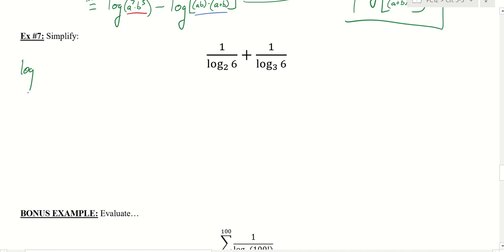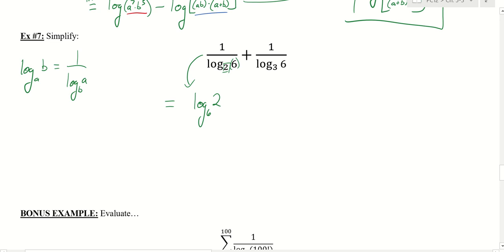So log a of b is really just 1 over log b of a. So we can say that 1 over log 2 of 6 is really just log base 6 of 2.